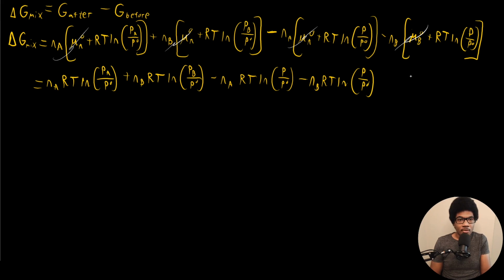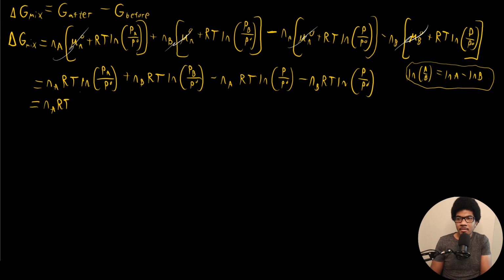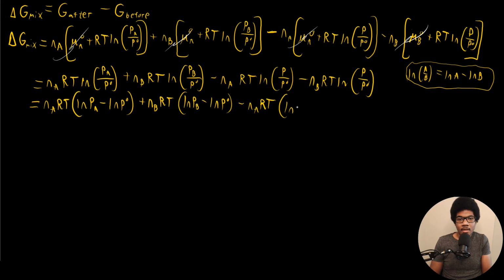For any natural log of A over B, we know that it can be rewritten as ln A minus ln B. I'm going to use this rule to break all of these up. For the first one, we'll have NA RT times ln PA minus ln P naught, plus NB RT times ln PB minus ln P naught, minus NA RT times ln P minus ln P naught, minus NB RT times ln P minus ln P naught.